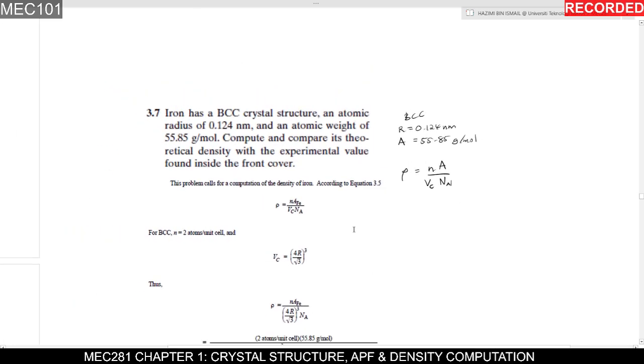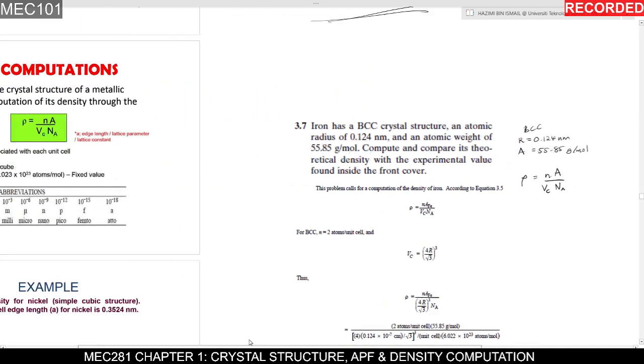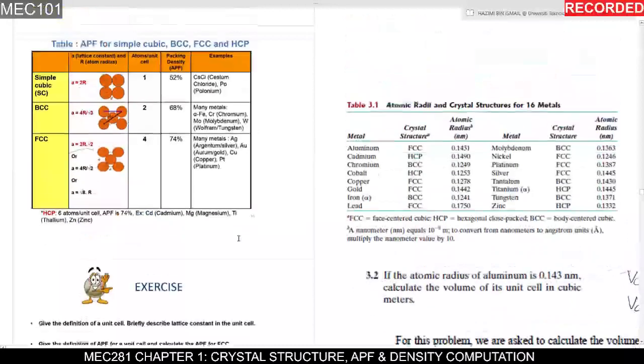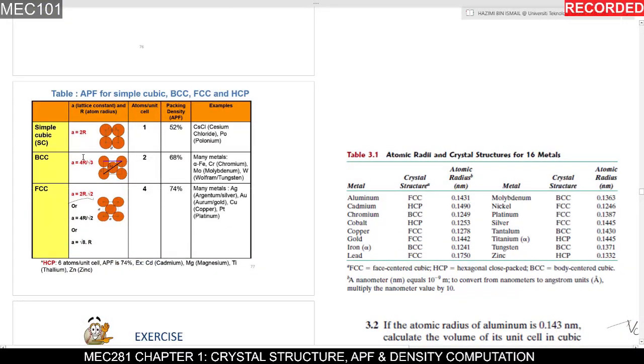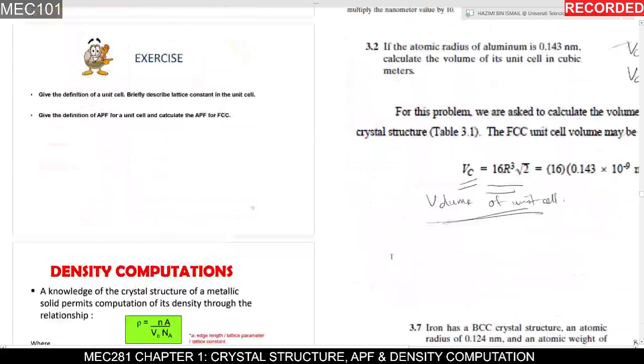How do you know the value of n equals 2? Okay, this is what we discussed here. BCC has 2 atoms per unit cell. FCC has 4. Simple cubic has 1.